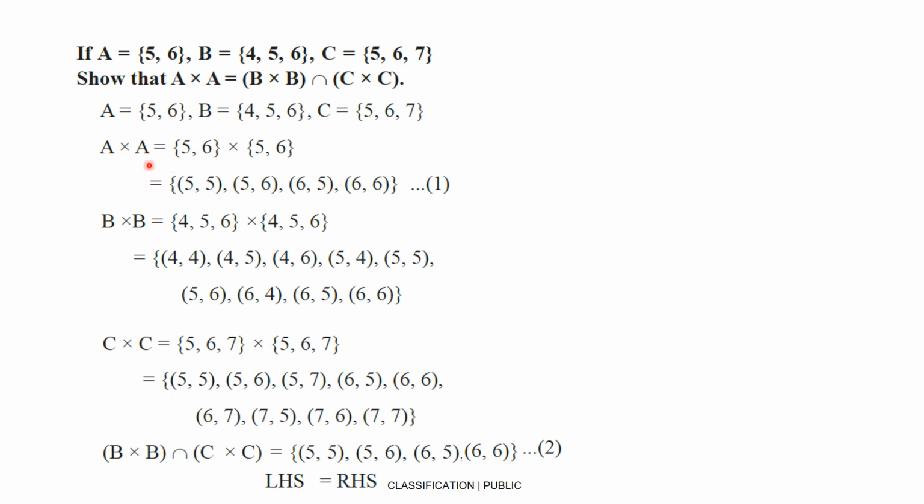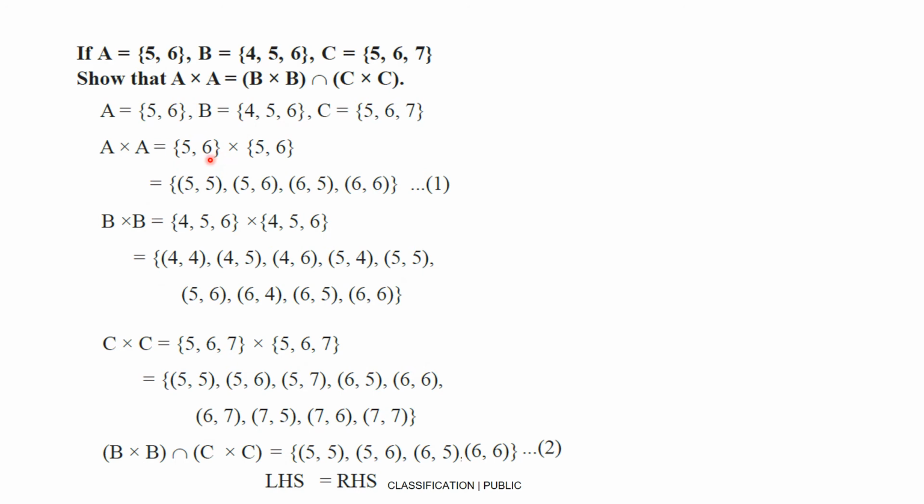A cross A means, as in some sums we referred, here {5, 6} and the next set also {5, 6}. 5 you map it: (5, 5) and (5, 6). 6 you map it: (6, 5), (6, 6).